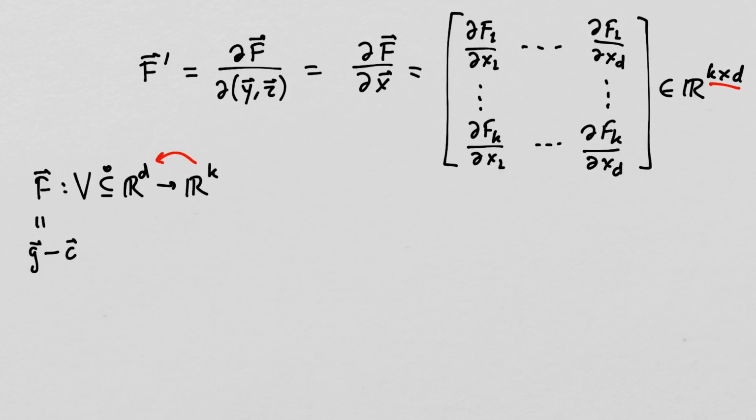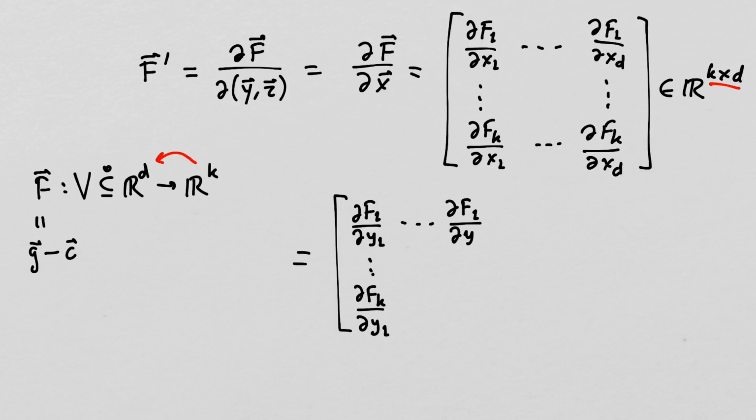But you see, in terms of the y's and the z's, you can also write it this way. You'll have f1 with respect to the first of the variables, which happens to be y1. Then eventually you're going to have all the component functions with respect to yk. And then the very next entry in that row is going to have all the component functions with respect to z1.